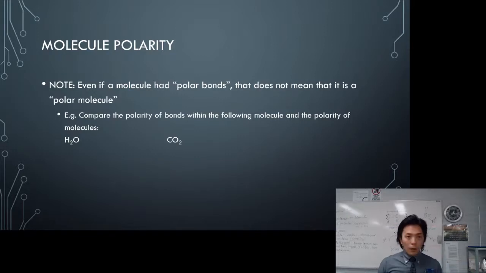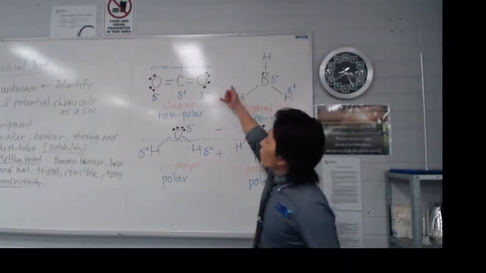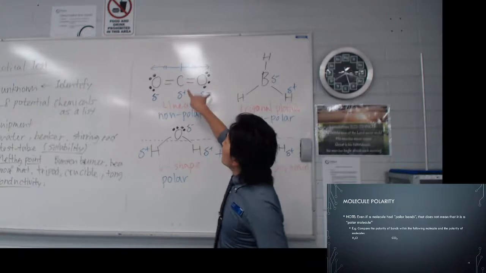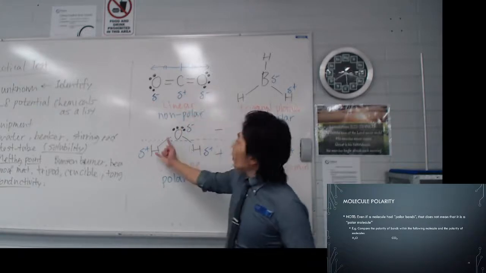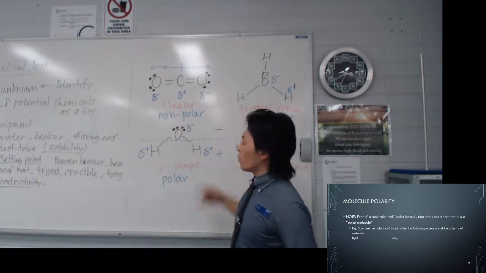Some polar molecules can have non-polar bonds, and vice versa. You could have a polar molecule from polar bonds only, or a non-polar molecule from polar bonds only. If you compare H2O and CO2, they both have polar bonds, but the molecular polarity of CO2 is non-polar, whereas water is polar.